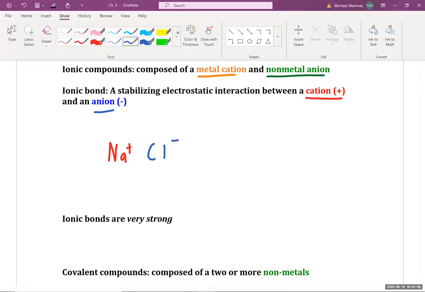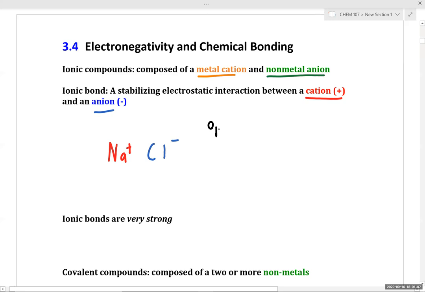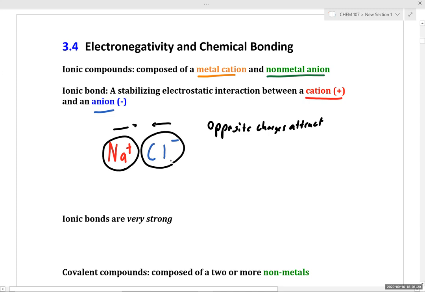Now, opposite charges attract. And this attractive interaction between our two ions is very strong. Ionic bonds, this electrostatic attraction between positively and negatively charged ions, is very, very, very strong.